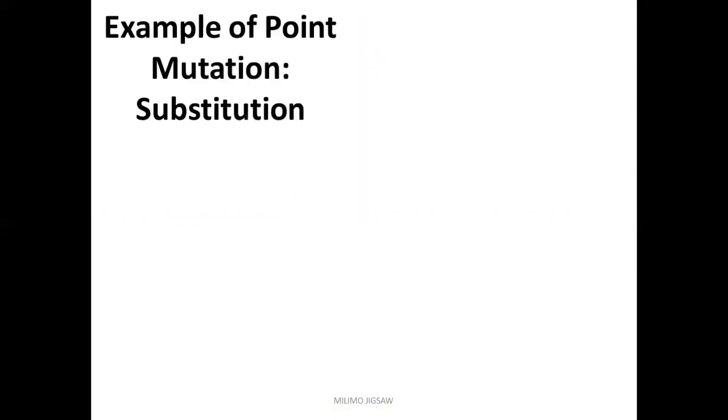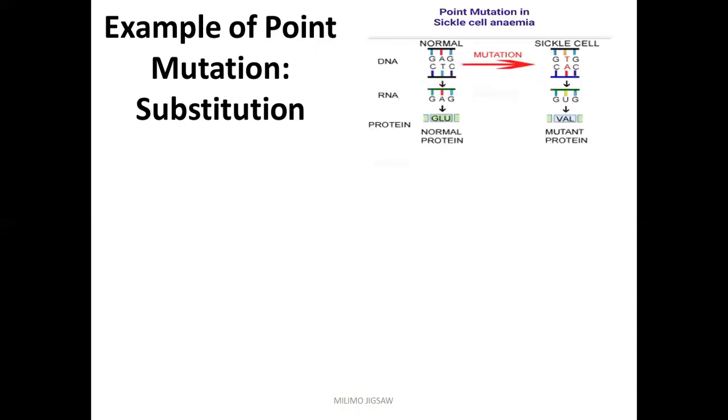Now, an important example of a gene mutation is sickle cell. It's a point mutation. It's actually a substitution mutation. So this is the normal sequence of DNA and RNA.